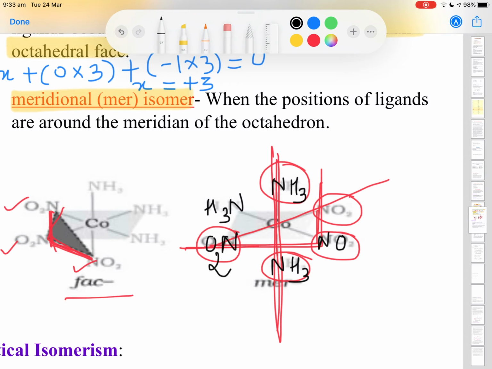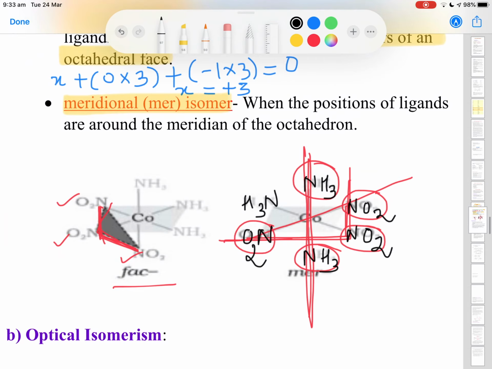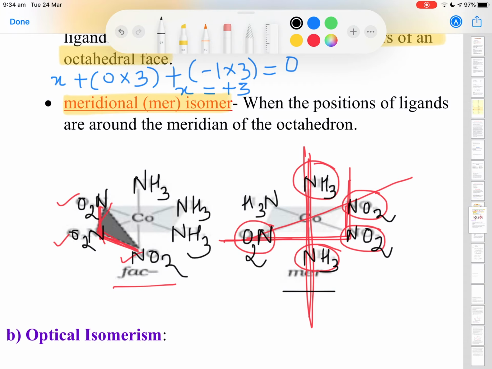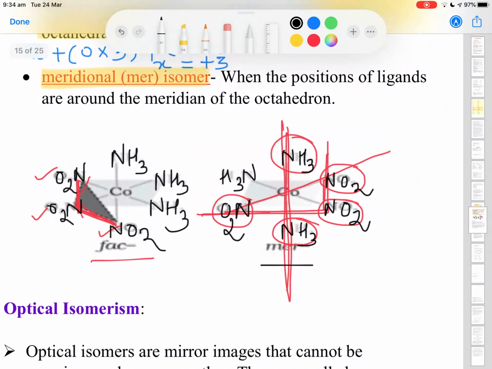This is NO2 and here also NO2, right? Wherein here you had NO2 along the octahedral face. So I think it's very clear to you how to figure out facial and meridional. Here I have darkened it a little bit for you so that it's easy for you to understand.